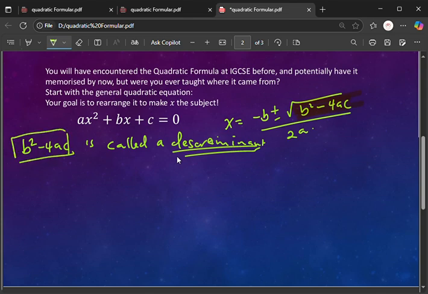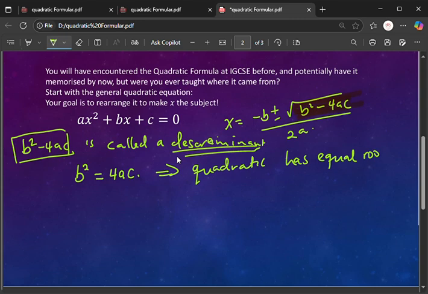So if you find that b squared is equal to 4ac, then it implies that the quadratic has equal roots. When I say equal roots, it means the same values. x1 will be the same value as x2.